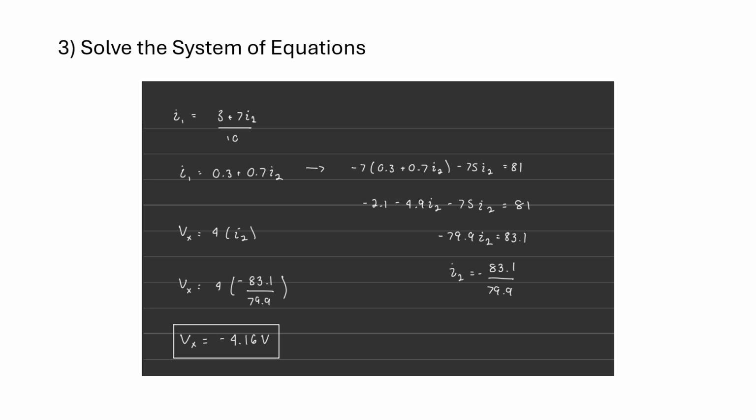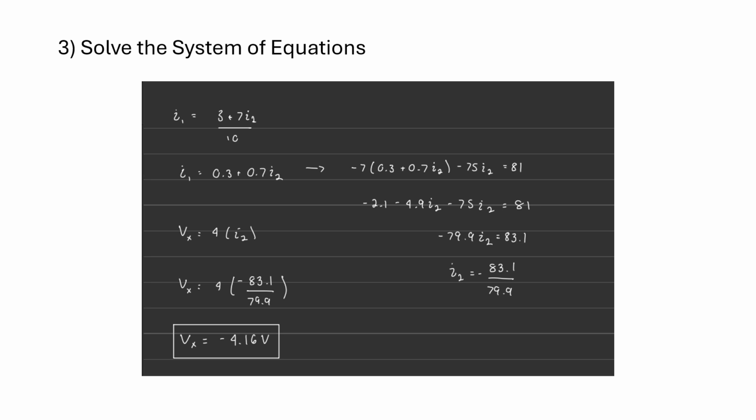The third step is to solve the system of equations that we've gotten for I1 and I2. In this case, since we just need to find the value for Vx, all we need to do is find the value of I2. So if we take the first equation from the previous slide, we can simplify it to have I1 on the left side only and get 0.3 plus 0.7I2. If we substitute that into the second equation, we get minus 7(0.3 plus 0.7I2) plus 75I2 equals 81.